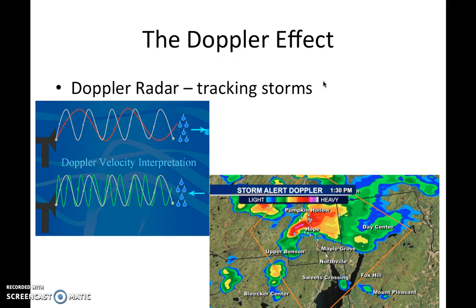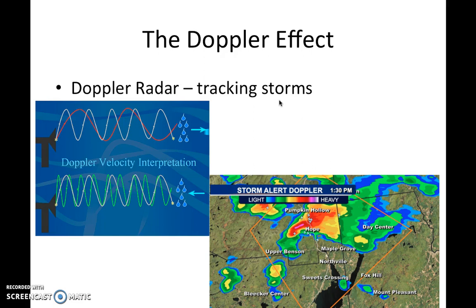The Doppler effect is useful for many reasons. We can use the Doppler effect in Doppler radar and also in police cars' radar guns. So we can send out a signal and have it bounce back to us, and it allows us to determine, A, whether the storm is moving towards or away from us, and also how quickly it's moving towards us.